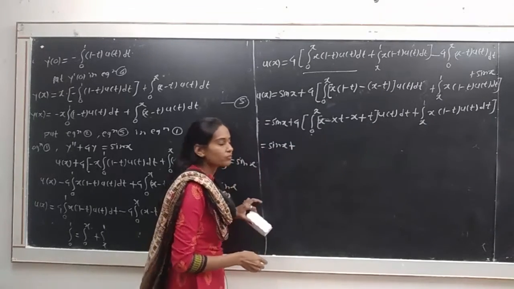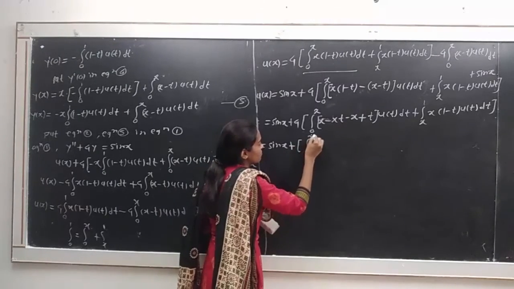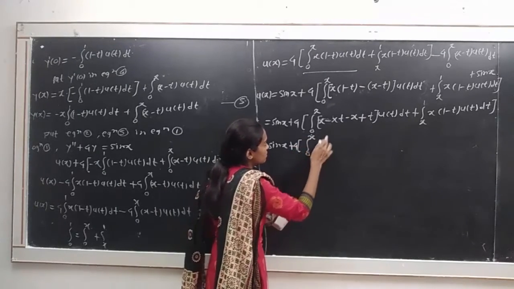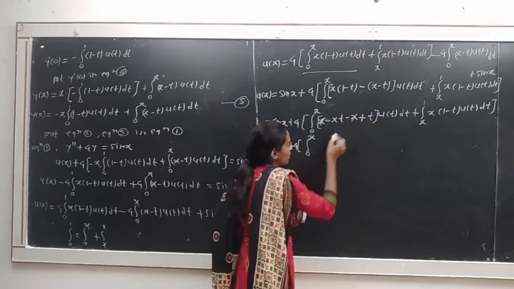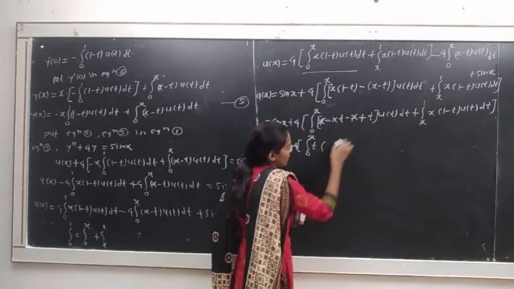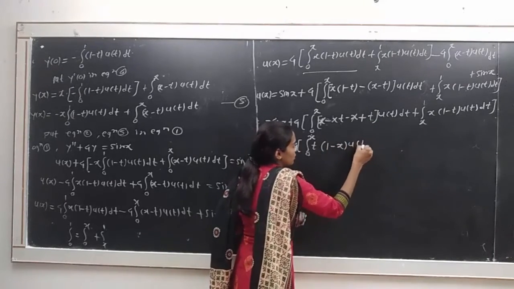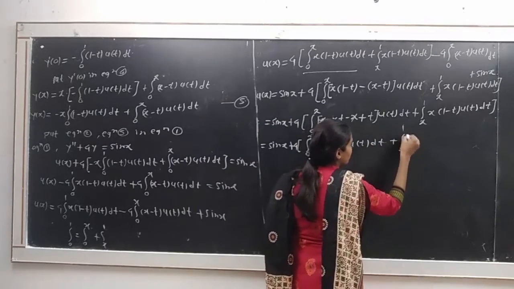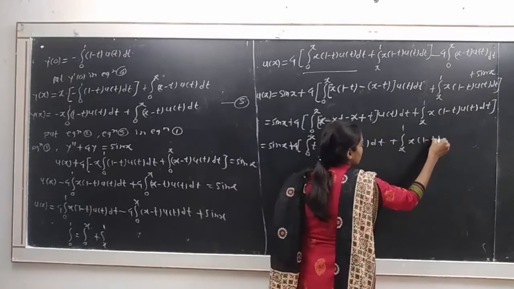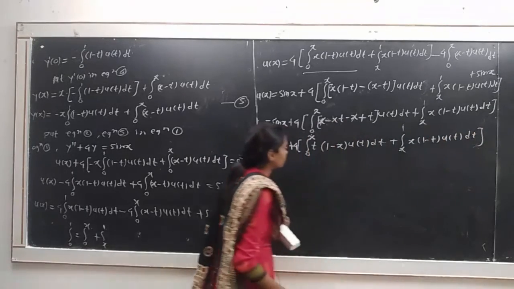equal to sin x plus 4 integration from 0 to x. Here the plus x and minus x get cancelled and we take t outside. We get t in bracket, here plus 1, that is (1 minus x) into u of t dt, plus integration from x to 1 of x (1 minus t) into u of t dt.